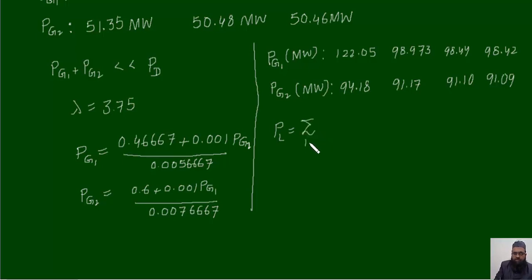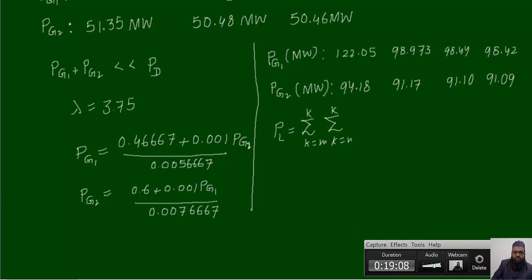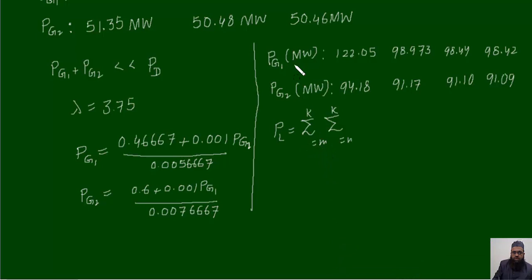So PL will be equal to summation K equal to 1 to K, where K is total number of plants, or better we may write, take K as total number of plants, so better write I, or M is equal to 1, whatever you want.